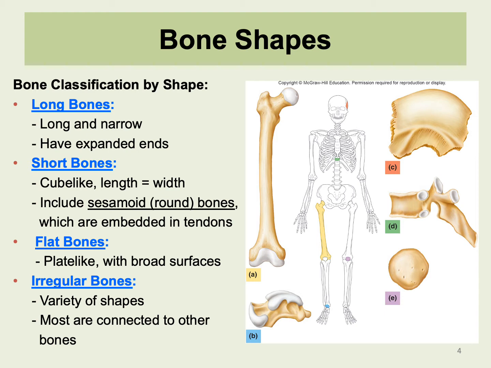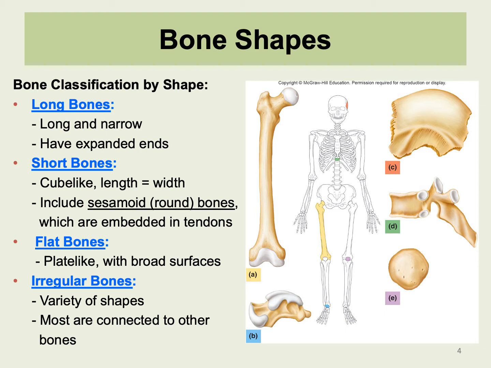So long bones are long and narrow bones. A good example is the femur, as shown in this picture, yellow color coded and labeled with the A. They have expanded ends. Besides the femur, we can name the tibia and fibula of the leg, and the arm bone, humerus, and forearm bones, radius and ulna, as other good examples of long bones.